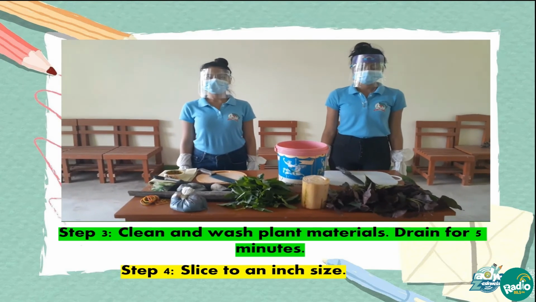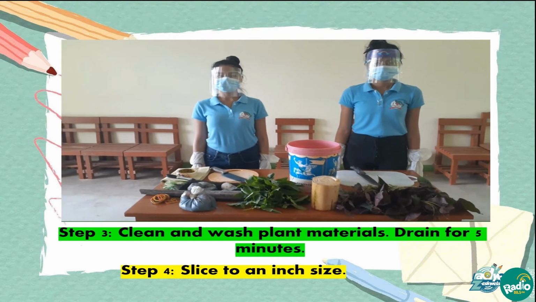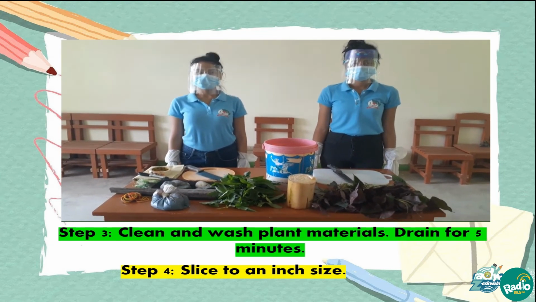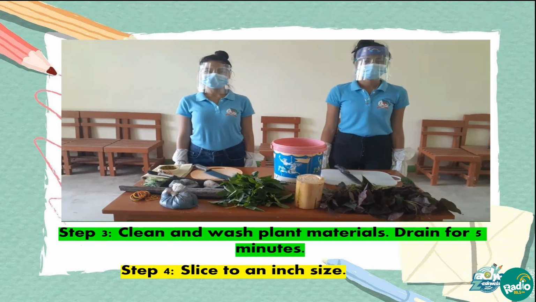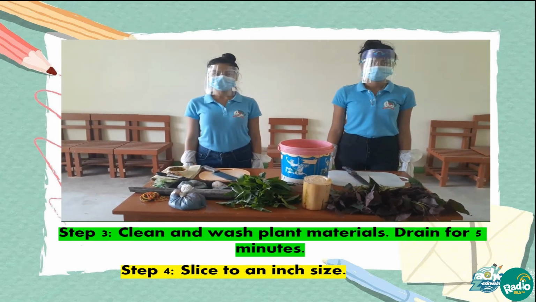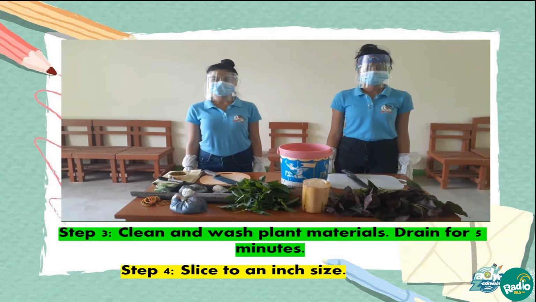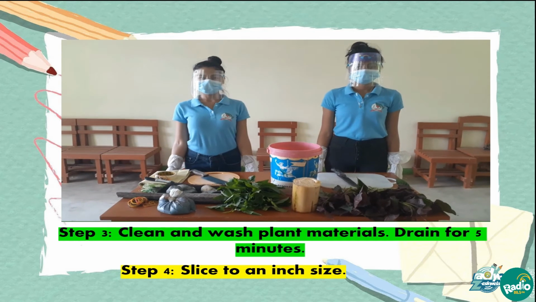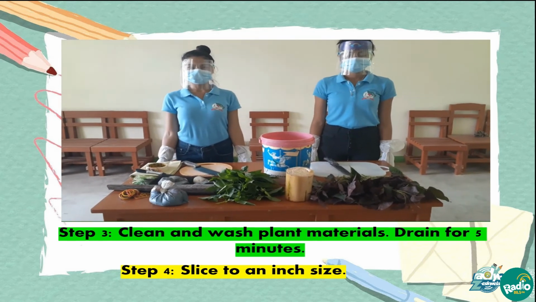The third step is to clean and wash plant materials and drain for 5 minutes. You must clean the plant material, especially when you bought it from the market, to remove the synthetic chemicals.